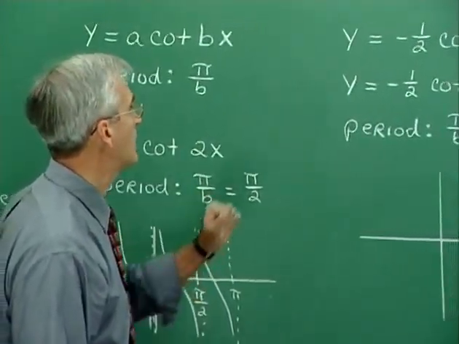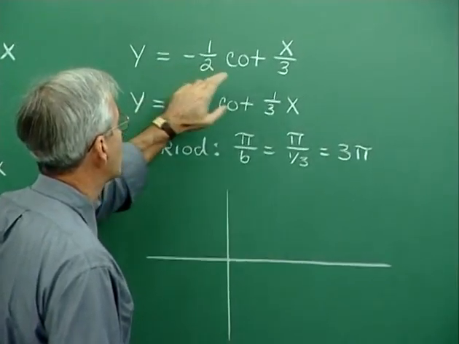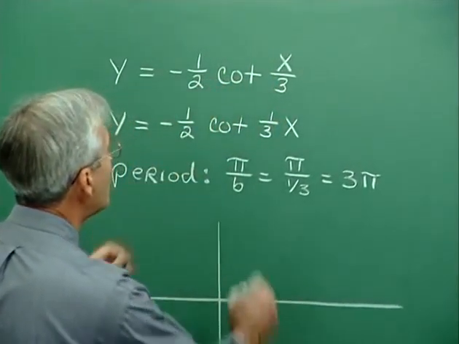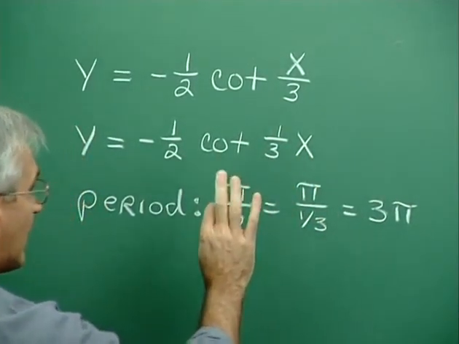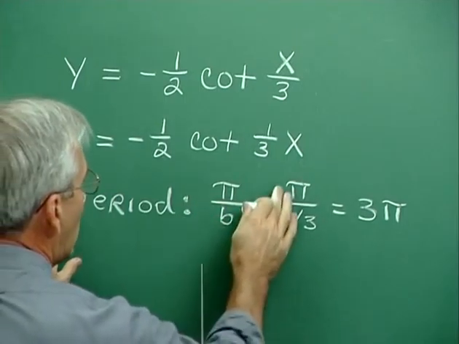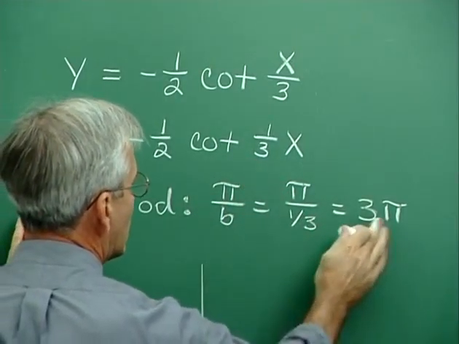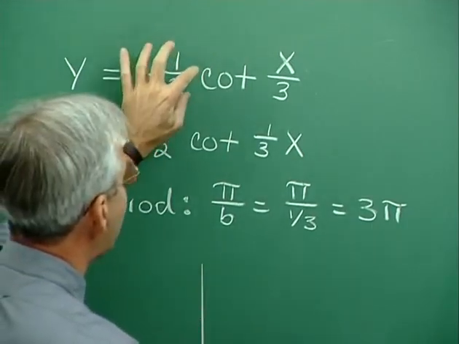This one is a little more complicated. We have y equals negative 1/2 for the a value, cotangent x over 3. I would rewrite the coefficient of x here as 1/3 x. That way we can identify the length of the period. So it's pi over b, or pi over 1/3, which is 3 pi. All right, now we'll talk about the effect of a in just a minute.